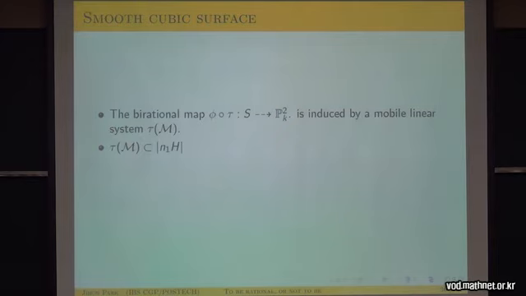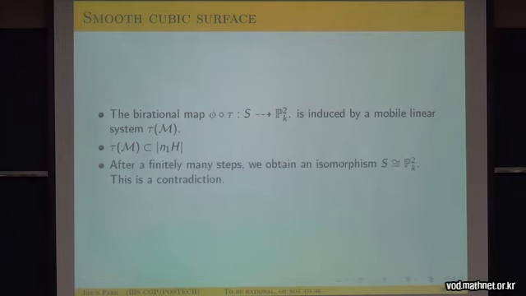So when you apply this tau to your linear system, every time this number n decreases. So after finitely many times, you will get n equal to 1. That means your map is an isomorphism, which is a contradiction, because S cannot be isomorphic to P2. So that's the contradiction.